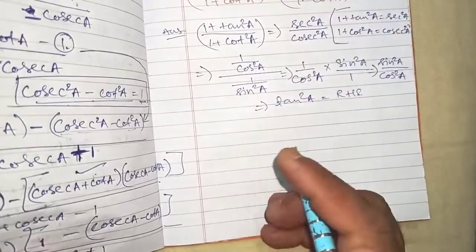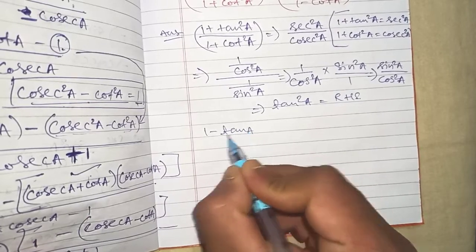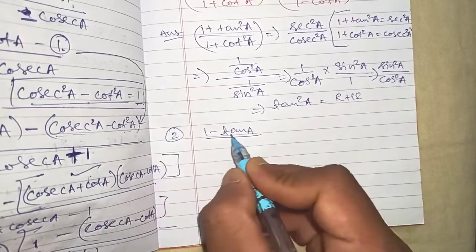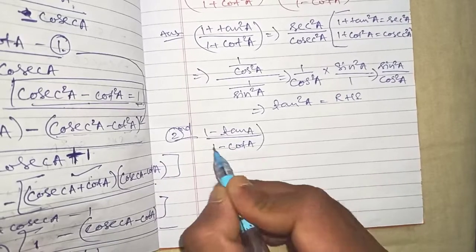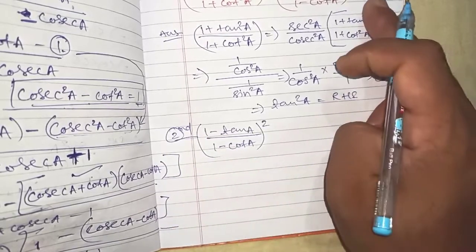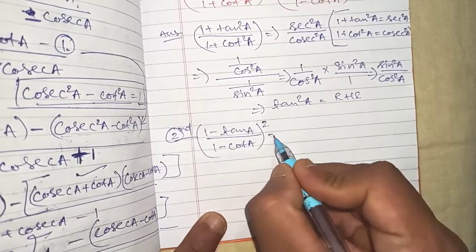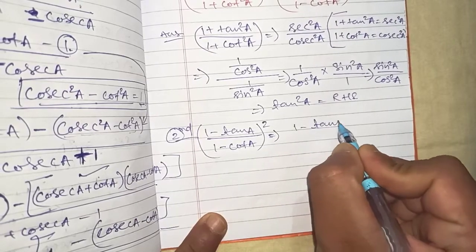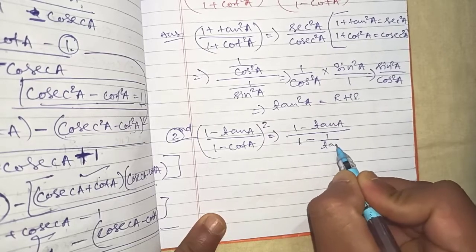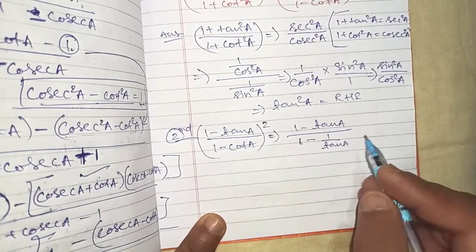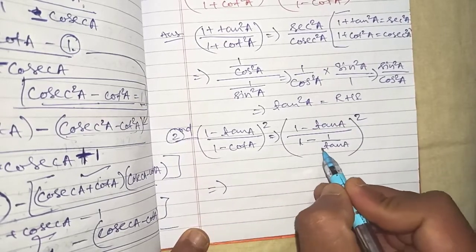Now we take the second part, (1 minus tan a) divided by (1 minus cot a) whole square. We have to get this in terms of tan square a, so we convert cot as 1 by tan. 1 minus tan a divided by 1 minus 1 by tan a, whole square. Now multiply by tan a here.